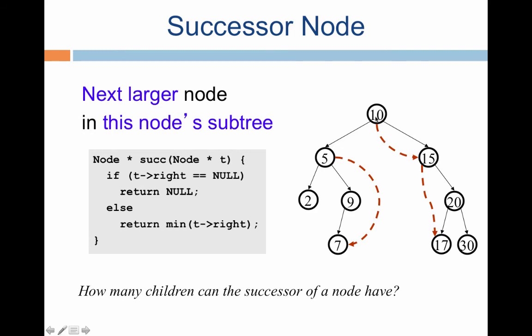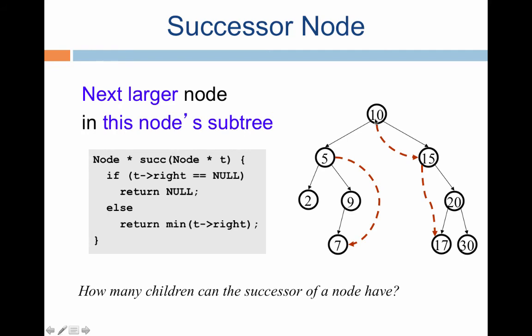the smallest key larger than 10 is 15, and observe that the in-order listing will print 15 first, and that is the smallest value larger than 10. The smallest value larger than 15 is 17, and it is the first key that is printed by the in-order listing when you go to the right child.